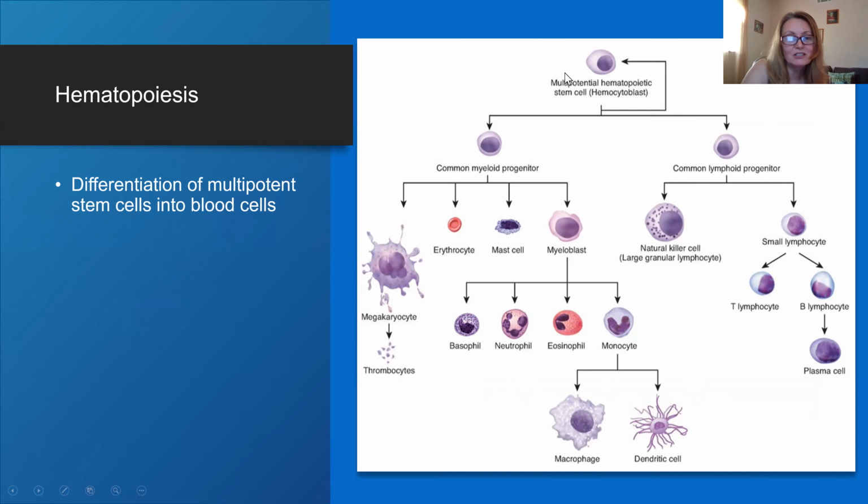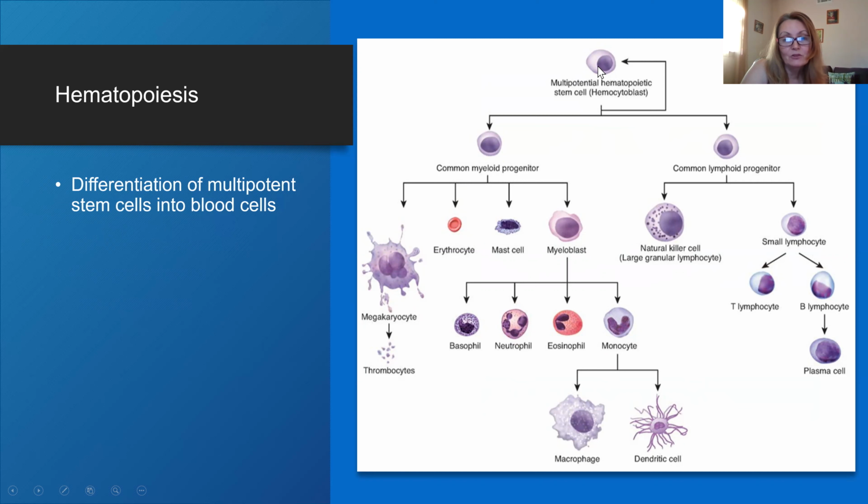So here we're going to start, and we will see how blood cells are formed. The formation of blood cells is called hematopoiesis. So hematopoiesis is differentiation of multipotent stem cells into blood cells. Here you have multipotent hematopoietic stem cells.